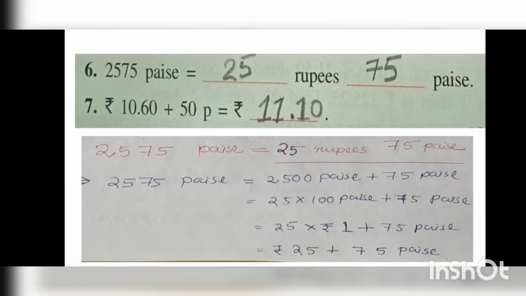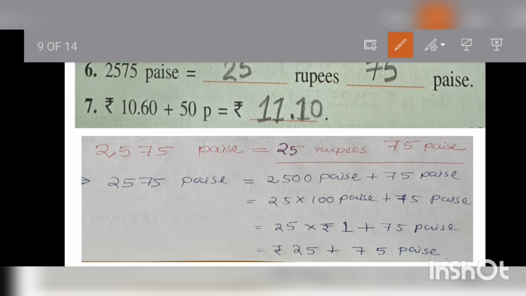Now see question number 6. 2575 paise is equal to dash rupees dash paise.